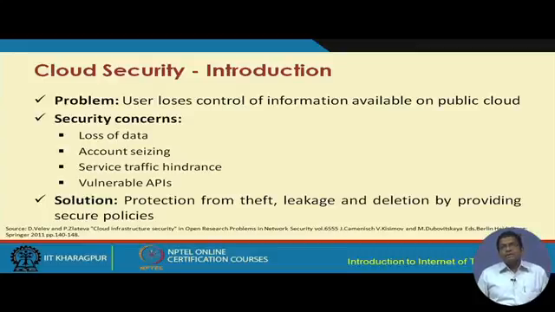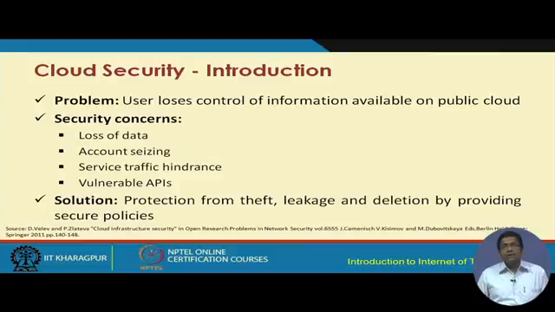The problem is that the user in a cloud platform would essentially lose control of the information that is available on the public cloud. So, concerns more specifically about the loss of data, seizing of the account, service traffic hindrance, and vulnerability of APIs are paramount in the case of cloud security.